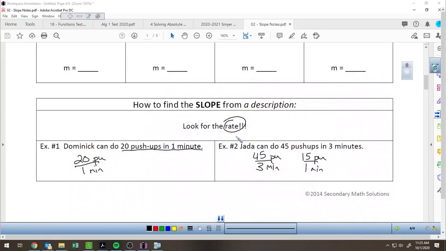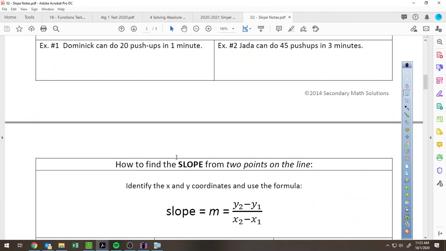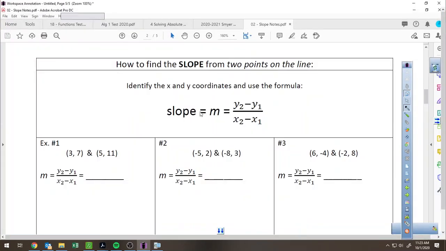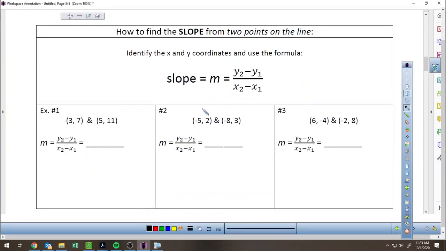Moving on from our descriptions. Okay, we're going to go to the back. Find slope from 2 points on a line. If I give you 2 points on a line, you can find the slope.